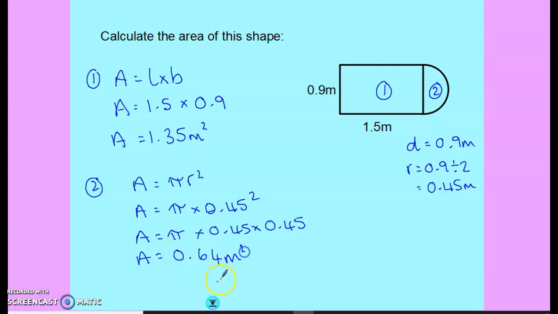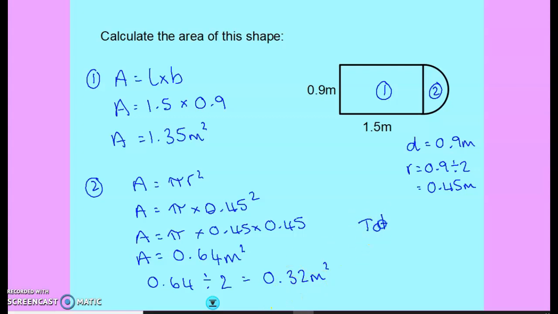Again though, that is a full circle. I don't have a full circle. I've only got half a circle, so I need to half it. So I get 0.32 meters squared.